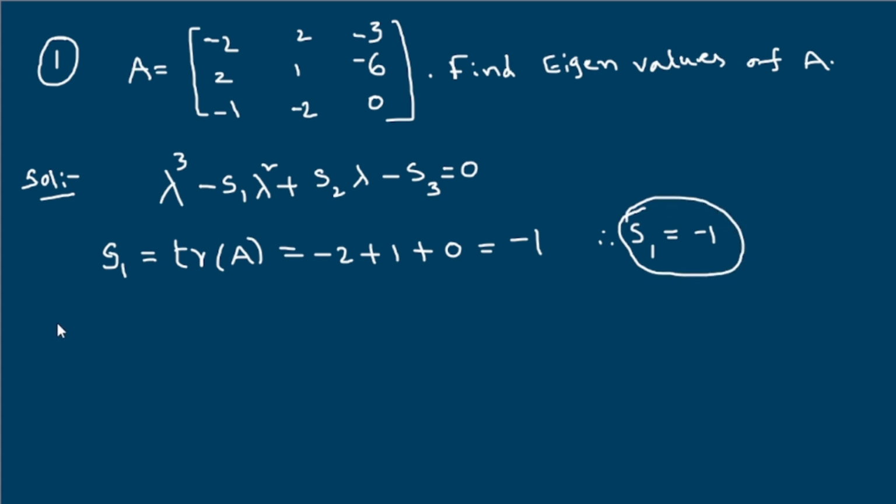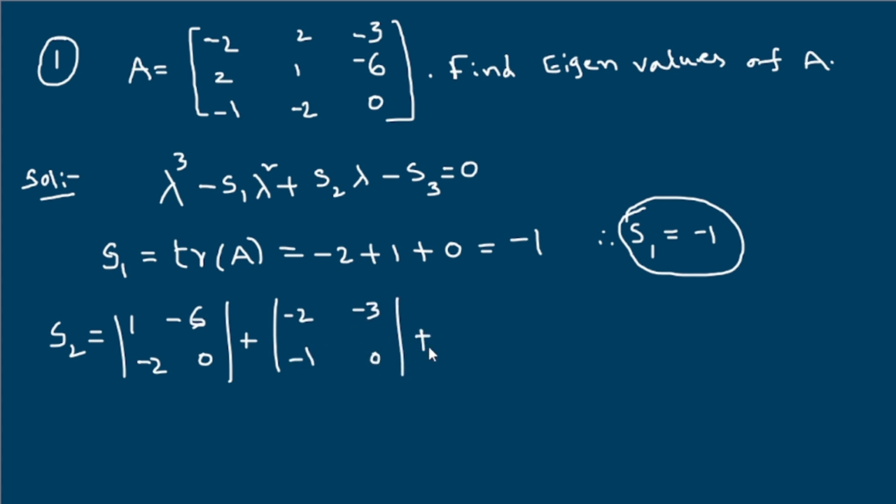Next, coming to S2, S2 is the sum of three determinants of 2 by 2 order. This one: 1, minus 6, minus 2, 0, which we discussed on the previous slide. Plus the corner elements: minus 2, minus 3, minus 1, 0. Plus the top corner: minus 2, 2, 2, 1.